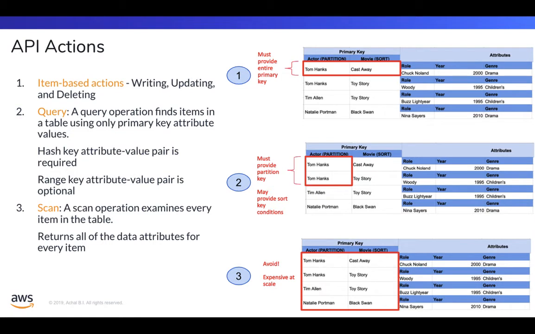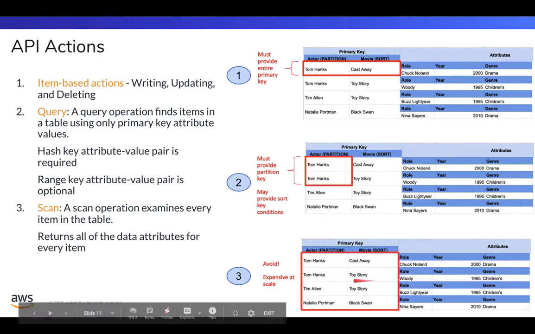So let's say in this table we have a year, and you want to retrieve the data based on the year. How would we solve it? This can also be achieved by using scan and filtering by the year, but that is never a good approach.